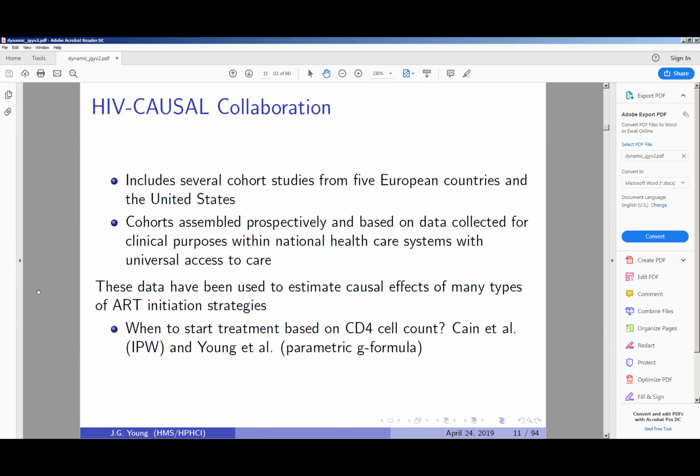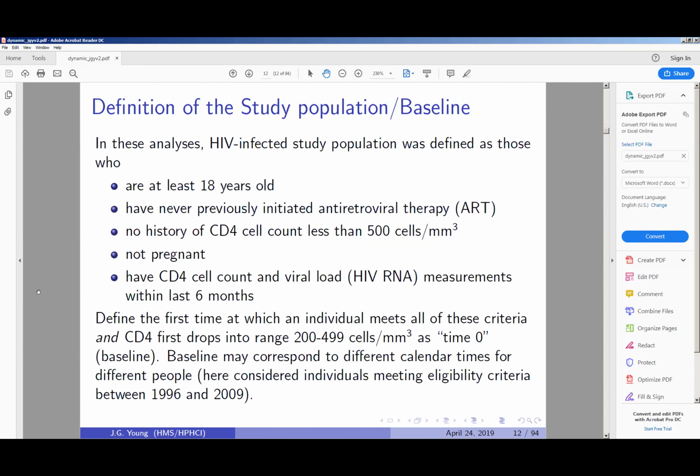So we have a couple of papers where we implemented IPW and the parametric G-formula; our references are at the end. I think they were posted on the web under the workshop, where we used the same subset of the HIV-CAUSAL Collaboration to answer some of these questions using the two methods.